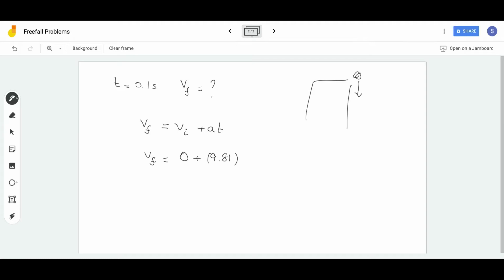Our gravity is also acting downwards. So all those things are pointing in the same direction. That's why we're using all positive signs. And then you've got 0 plus 9.81 times 0.1, which is equal to 0.981 meters per second.